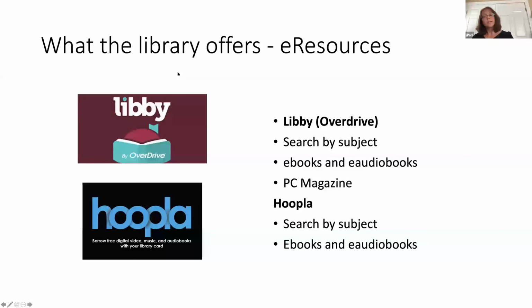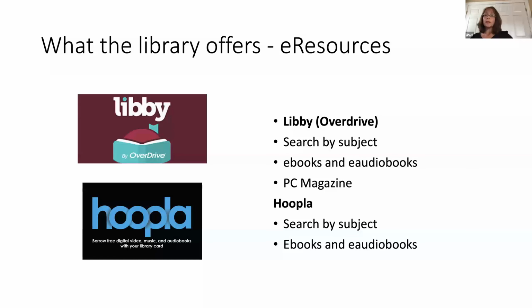And then as far as e-resources, there's Libby and Hoopla. Libby is a database put together by Overdrive, and you can search that by subject. You can find ebooks and e-audiobooks through that. I listed PC Magazine, but you can also find Macworld, and they usually keep the last 6 to 12 months of issues of those magazines.